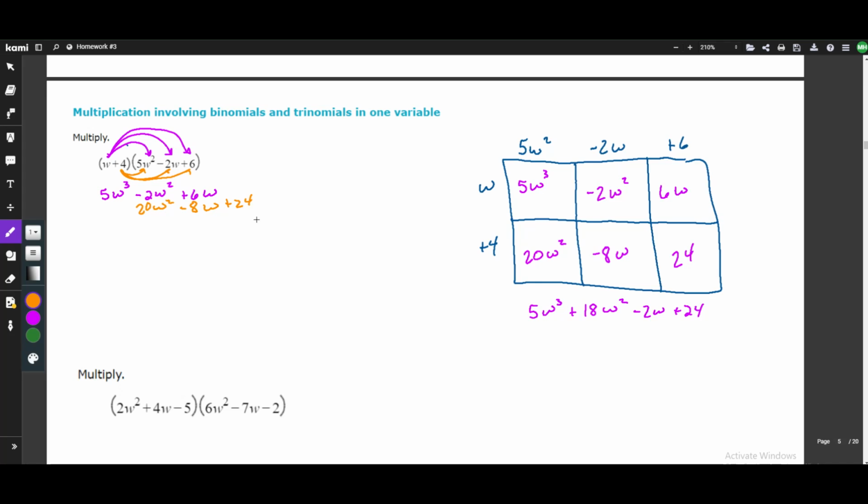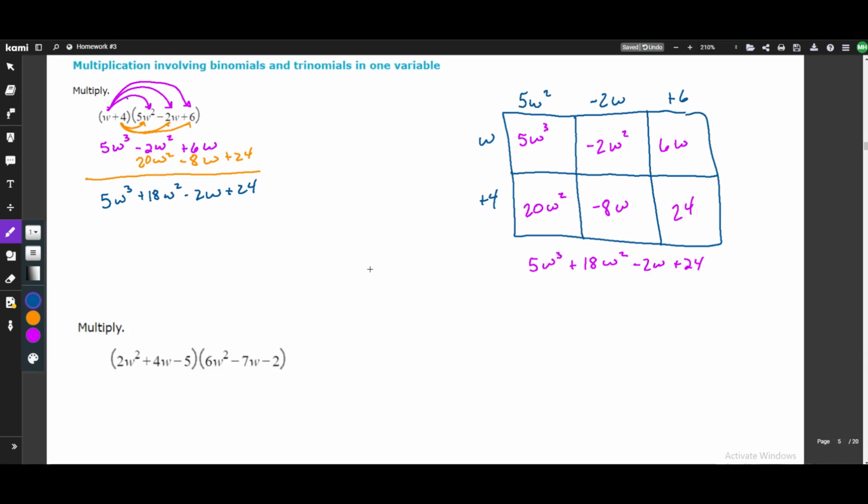I find if I write each one that I'm distributing in its own row, it makes things a little bit easier when I'm combining things, so I don't have to hunt for my like terms and remember my signs. So this is going to be the 5w cubed plus 18w squared minus 2w plus 24. So either way that I do this, I end up with the same answer. So it is probably correct, and it is just a way to organize myself.